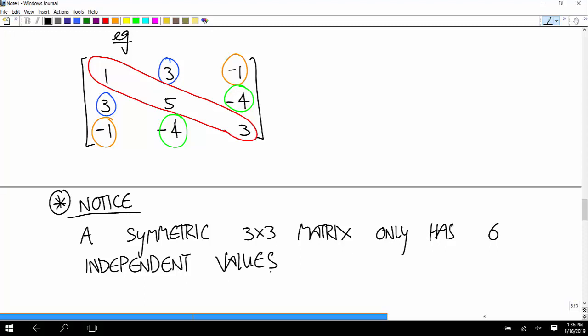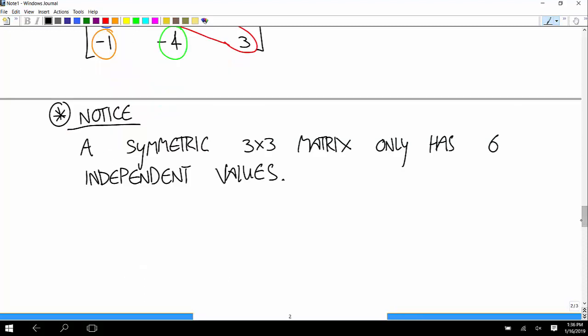Where have we seen that number 6 before? Well, that Voigt form that I mentioned, we still don't know what stress and strain is, but the fact that there are only 6 independent values in a symmetric 3 by 3 matrix means that you can represent a symmetric 3 by 3 matrix in a Voigt form with only 6 values.